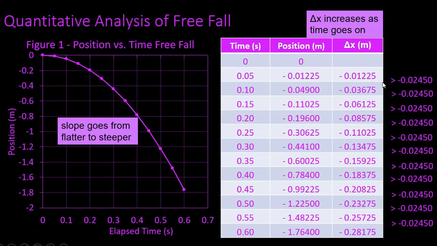Because it's uniform acceleration, the rate at which displacement increases is constant. Notice that the increase from 12 millimeters to 36 millimeters was an increase of 24.5 millimeters. So every 5/100ths of a second, the displacement is increasing by 24.5 millimeters in the negative direction.